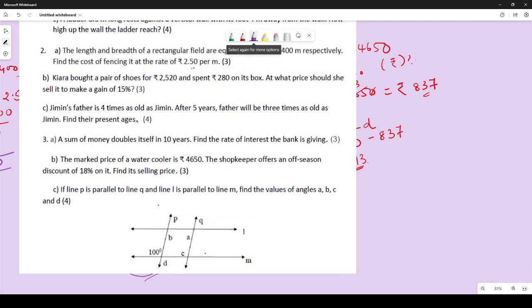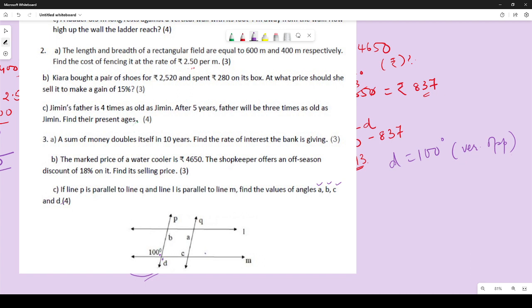So you have to find, line Q is parallel to line P, and line L is parallel to M. We have to find the values of angle A, B, C and D. Now D is the easiest to find, right? D will be equal to 100 degrees because it is vertically opposite to 100 degrees already. Opposite to this is 100 degrees, so D will come to be the same.